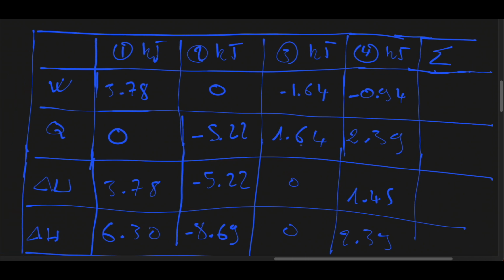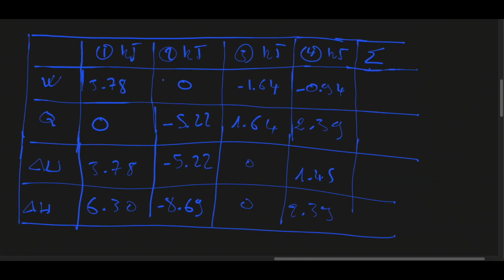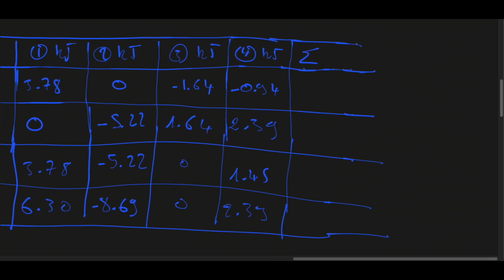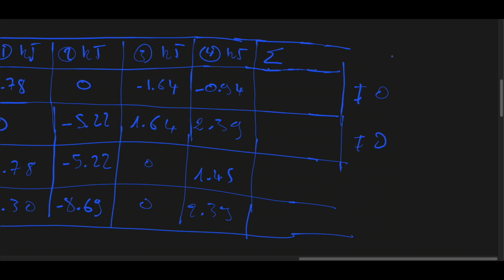Now, once we have calculated all these thermodynamic properties, we have to verify the first law. Because work and heat are not state functions, their cyclic sum must not be equal to 0. Instead we have to find that the cyclic work is equal to minus the cyclic heat.